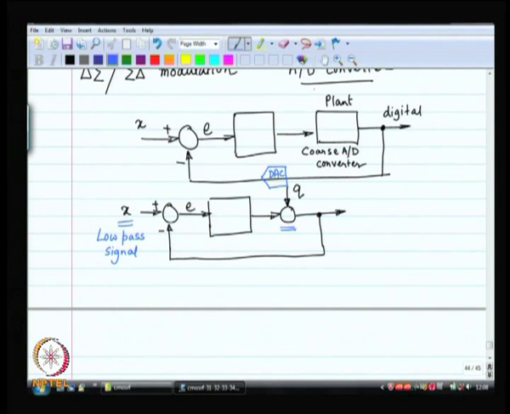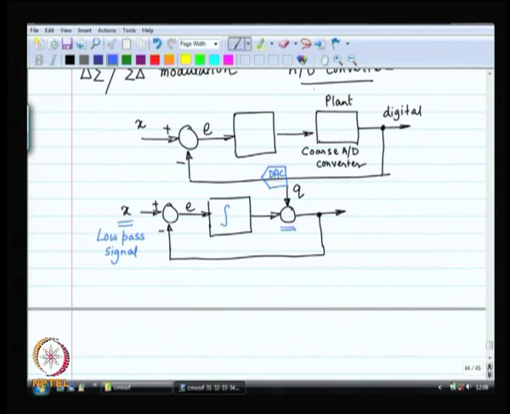In that case, let us say I have some sort of an integration over here, let us put one integrator over there, you can put 2, 3, as many as you like, let us start with 1. So, let us say the controller is an integral controller. X is a low pass signal, let us say X is a constant signal.